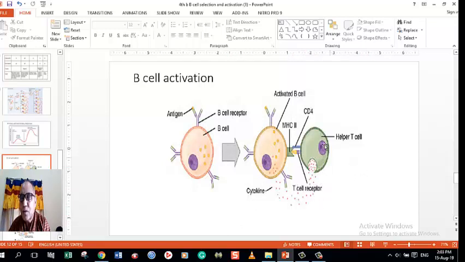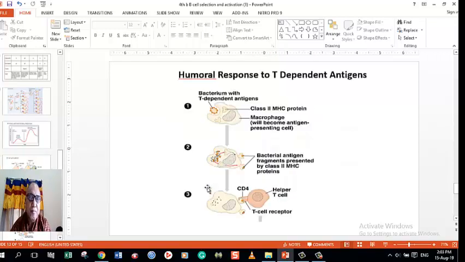So this is the activation where you are going to see that the cytokine which is being produced gets activated. Even the B cells get activated, and the other T cells get activated, which will destroy these infected cells later.